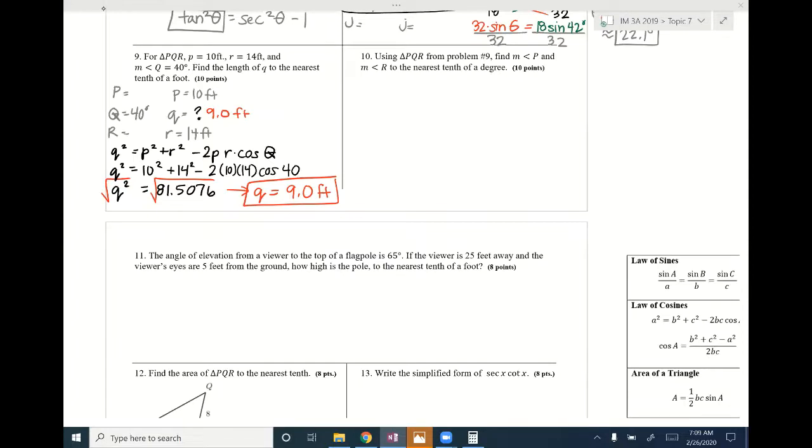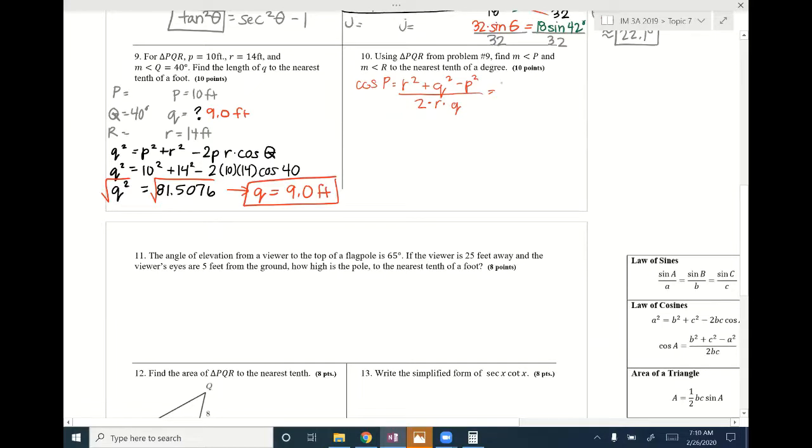So if I set up the formula for cosine of P, cosine of P is going to be equal to R squared plus Q squared minus P squared over 2 times R times Q. So now that we know that side Q is 9 feet, we have enough information to solve for an angle.